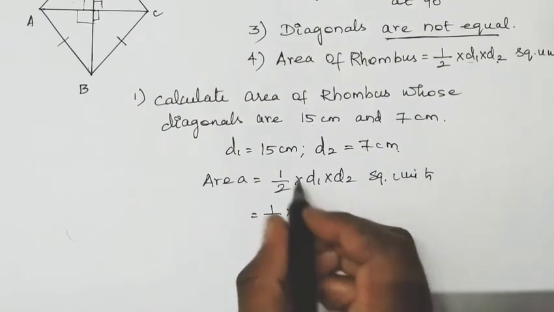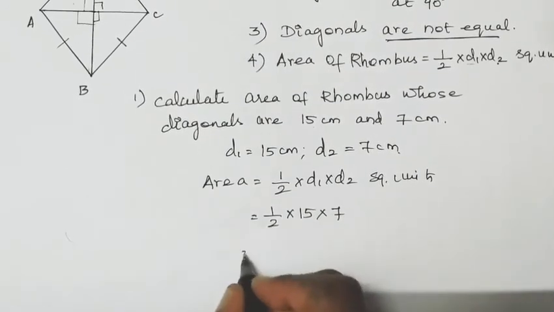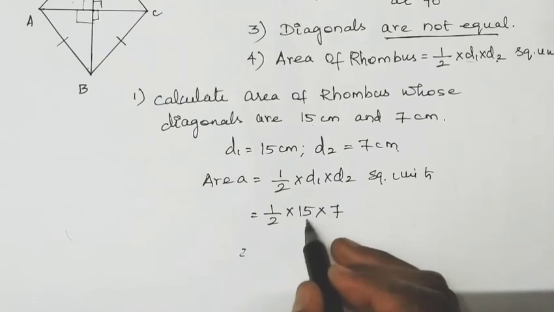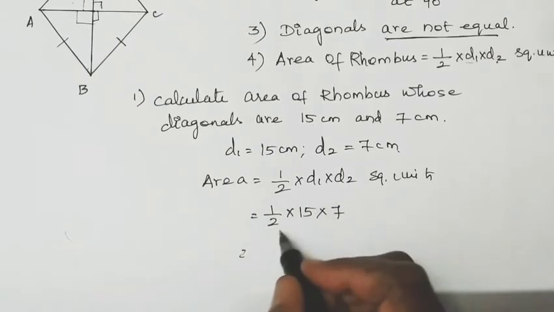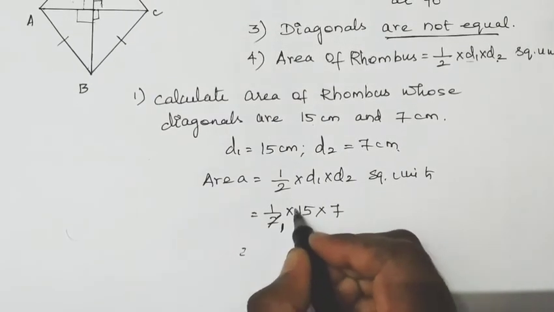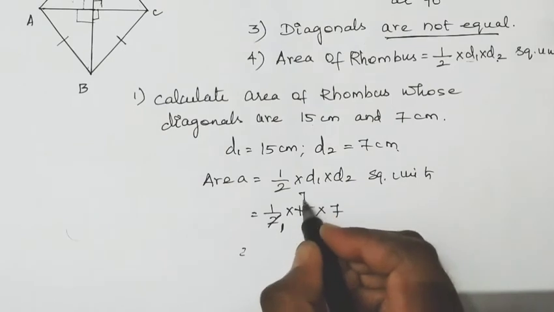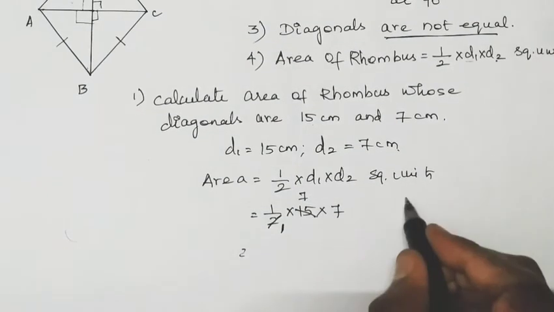Half into D1 is 15 into D2 is 7. So shall we cancel 2 and 15, 2 and 7? You will be getting decimals. So here I am going to cancel 15. 2 ones are 2. 2 sevens are 14, you have remainder 1, right?